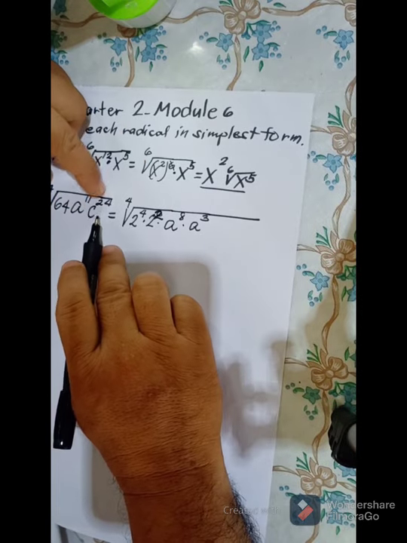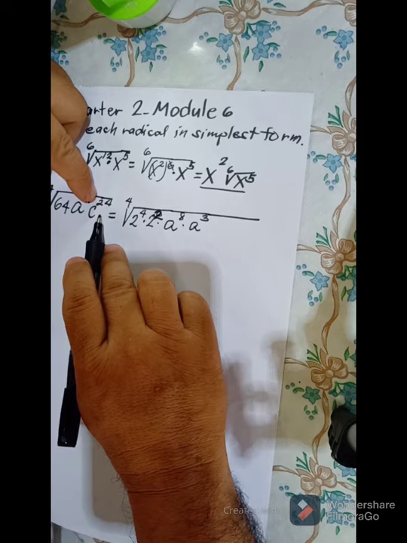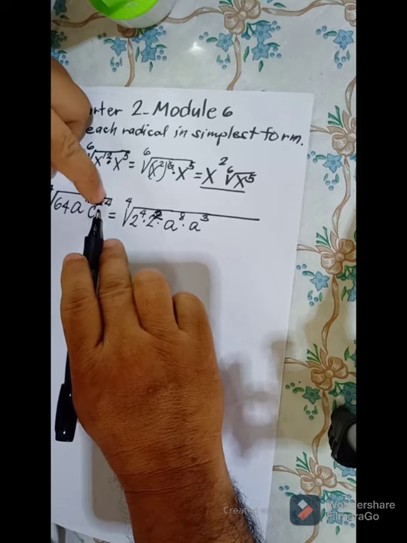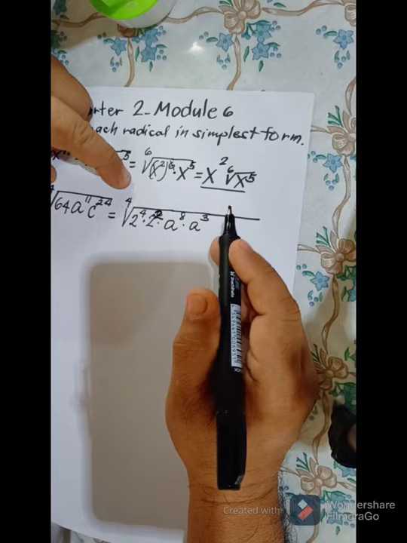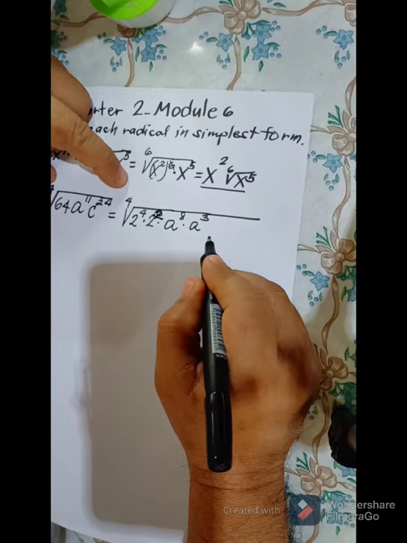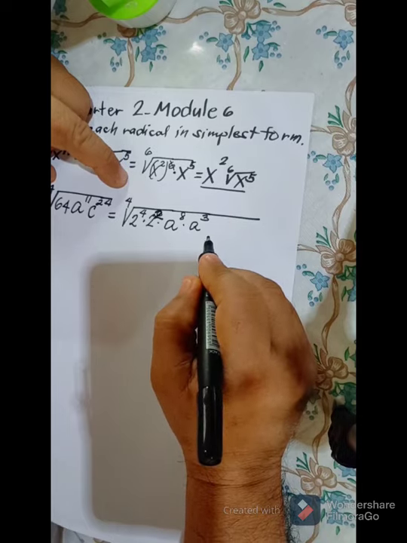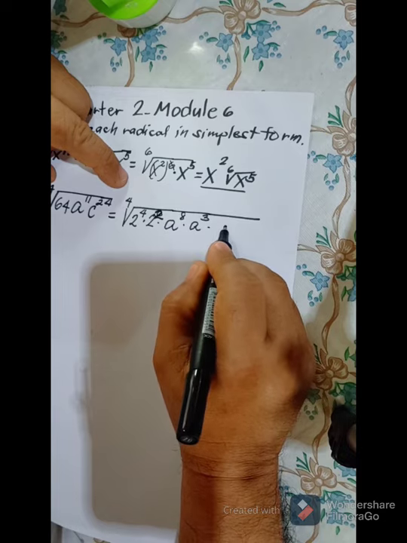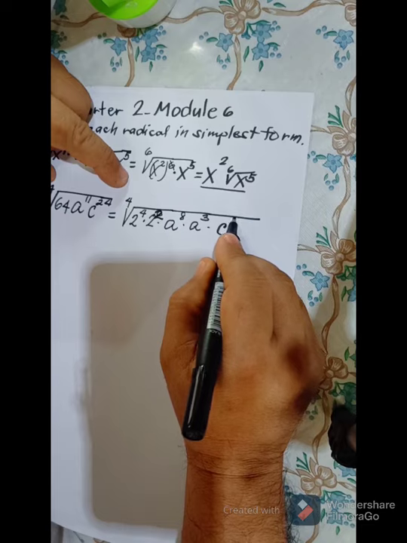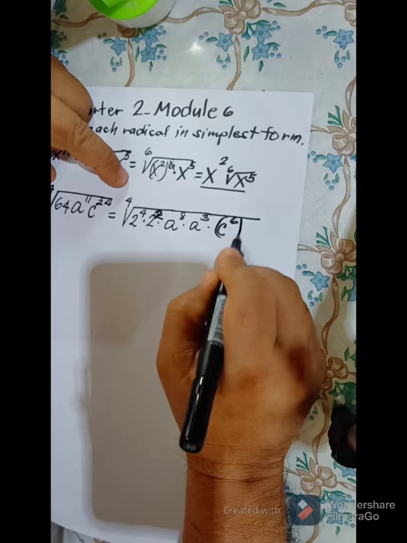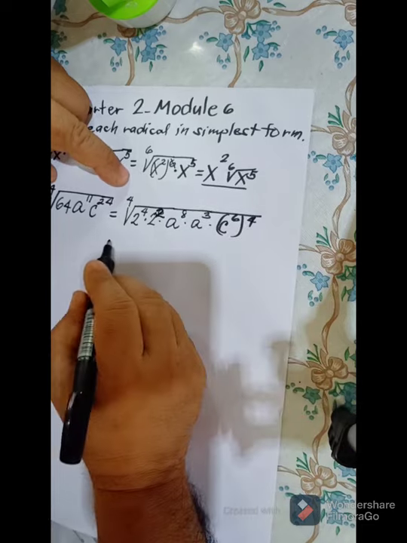c to the power 24 is a perfect fourth power because 24 is divisible by 4. So this can be written as c to the power 6 raised to the fourth power.